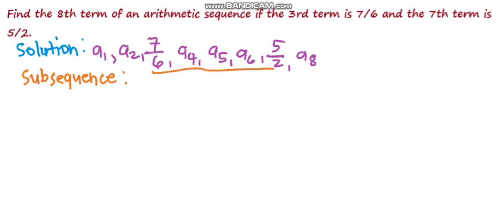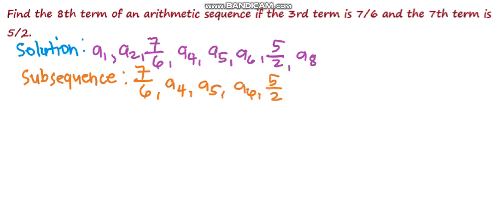Yan yung subsequence na clear ang A sub 1, clear yung last term. So, let's write it para hindi tayo malito. So, 7/6, A sub 4, A sub 5, A sub 6, then 5/2. So, our goal here is find D.